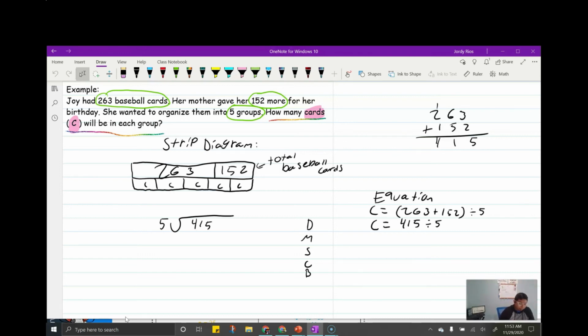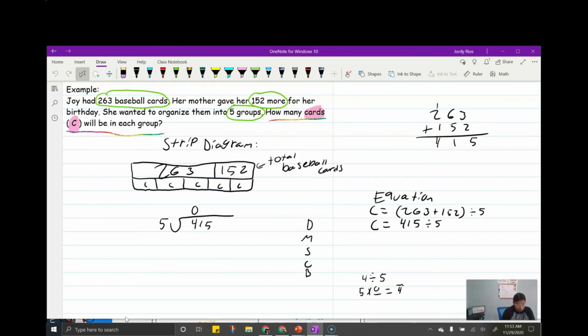So, how many times can, let me just do it right here. Oh, sorry, my dividend goes first. 4 divided by 5, or 5 times what will equal 4 or less than 4? Good, we can't do that, so I'm going to put a 0, because that's the closest we can get.